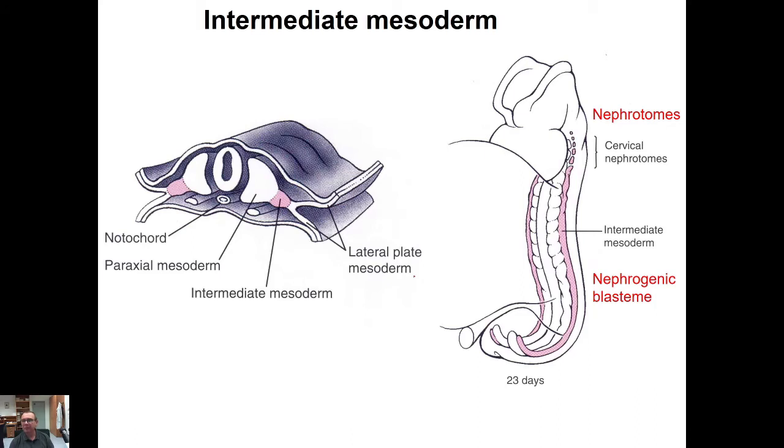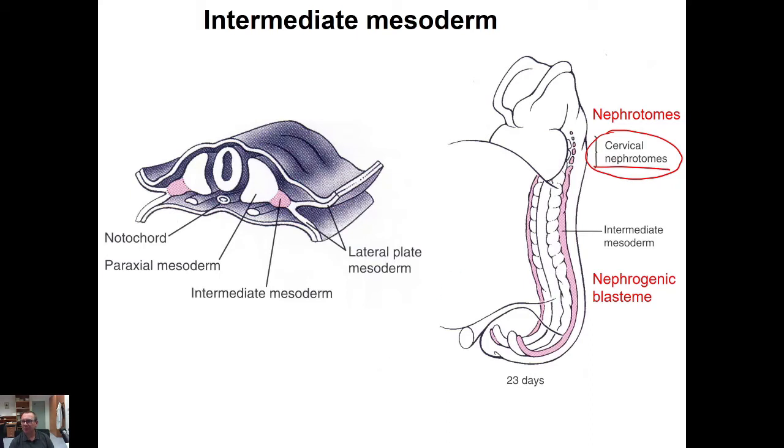One picture of the intermediate mesoderm. Intermediate mesoderm develops a little bit later, but then it also segments. It becomes segmented, but not along the whole length, only in the area of the future cervix, where segments of intermediate mesoderm are called nephrotomes.